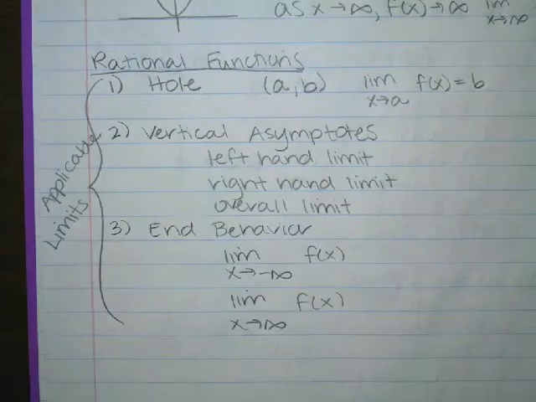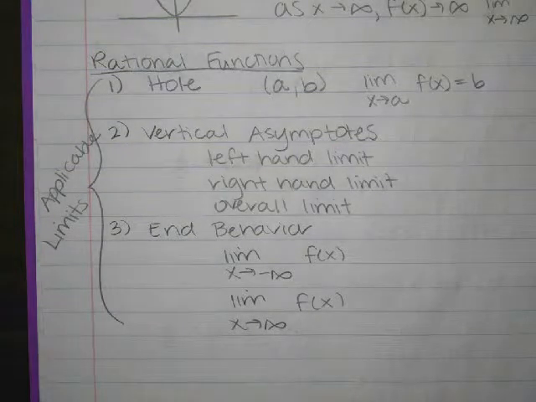So you know what I mean by that. Find all applicable limits. So when I ask for that, I mean holes, vertical asymptotes, and end behavior. Some problems can have all 3.